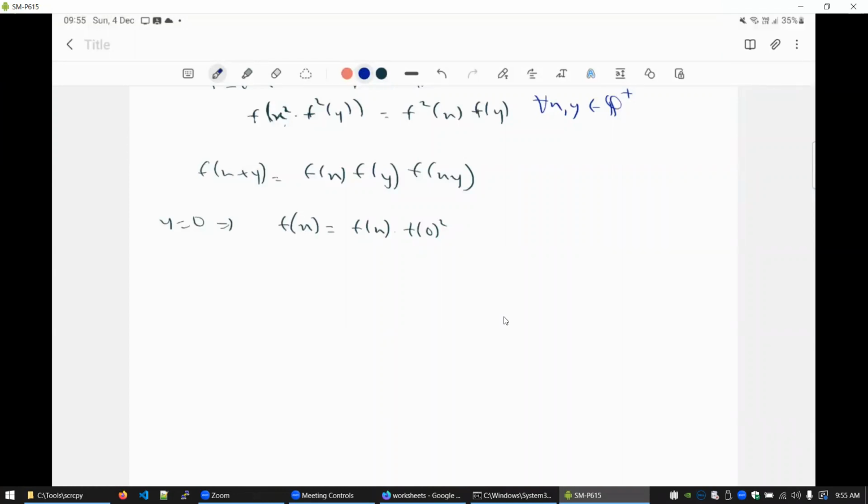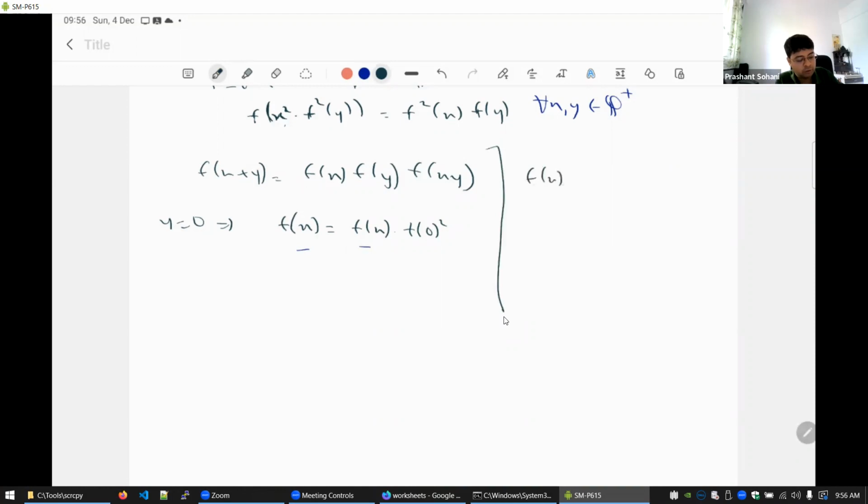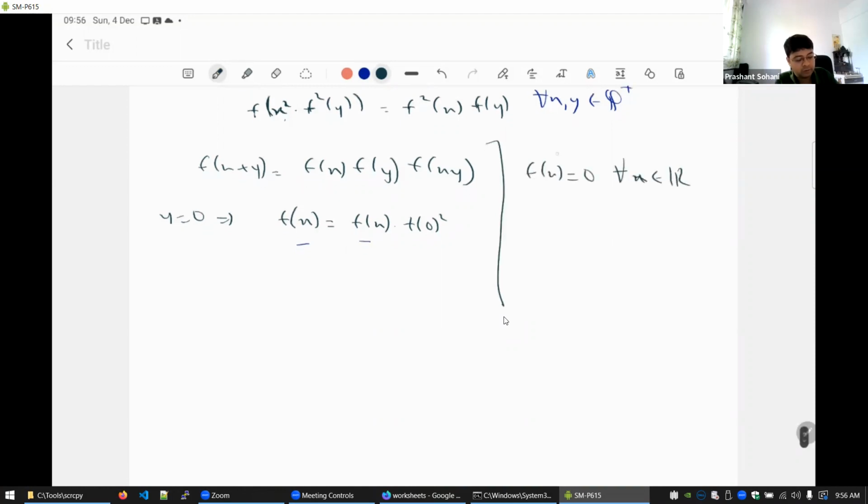But before we do that, how do we know that we can cancel f of x from both sides? If f of x equal to 0 for all x belonging to R, that's one solution. Right. So looking at the equation itself, we can see that f of x equal to 0 for all x is already one valid solution.